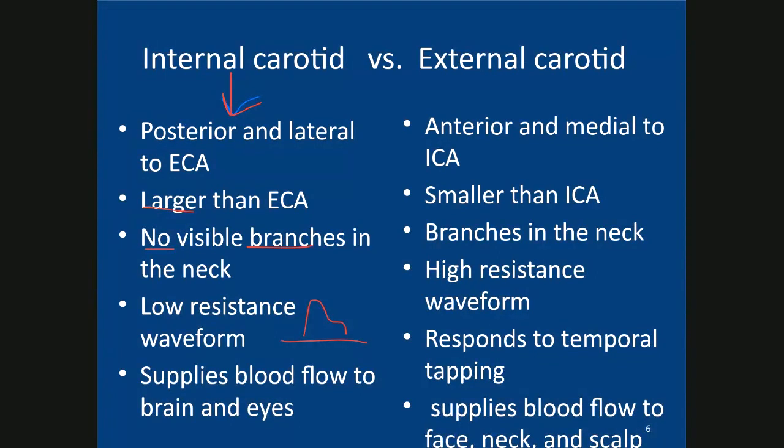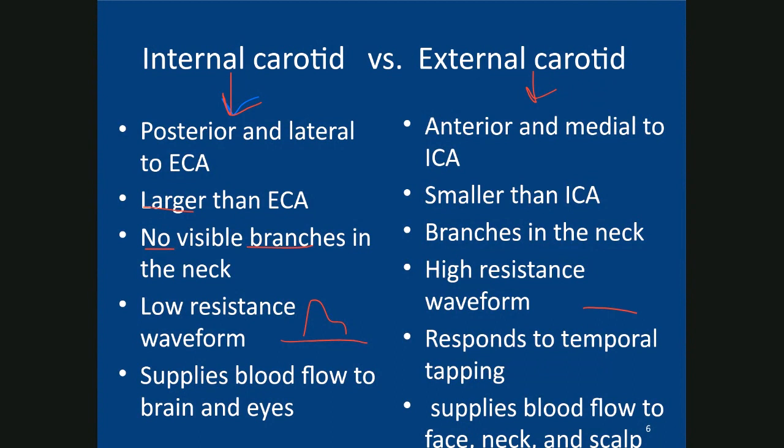The external, on the other hand, is anterior and medial to the ICA. It has a smaller diameter than the internal carotid artery. It has branches in the neck that we can see. The waveform is high resistant, or actually it's more moderate, as you're going to learn what the differences are.